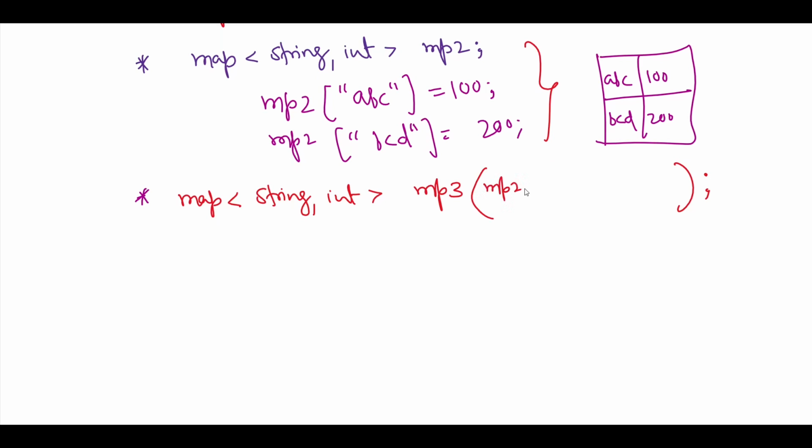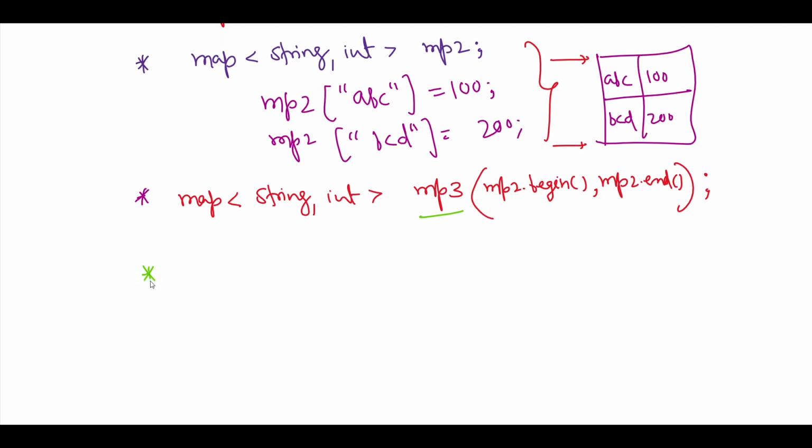One is mp2 dot begin and mp2 dot end. Right? So it's basically taking first value from this map and last value of this map, and it is basically picking all the values in this range, right, and assigning all these values to the mp3, right? So that's how you are assigning map from one map to another map.